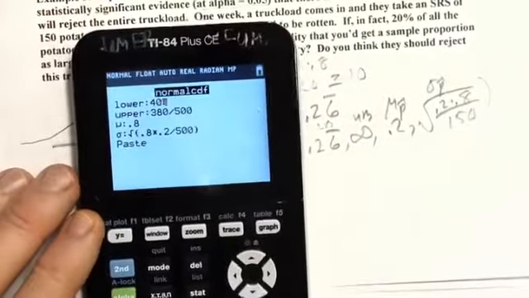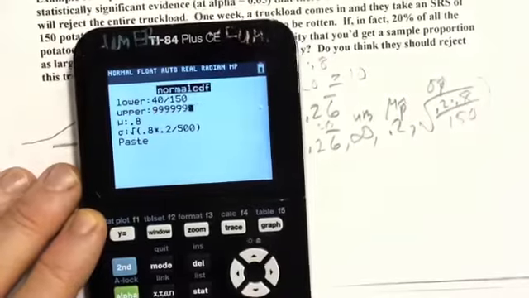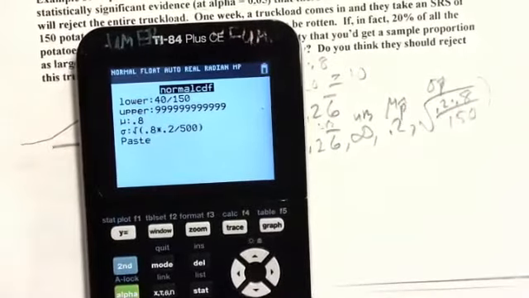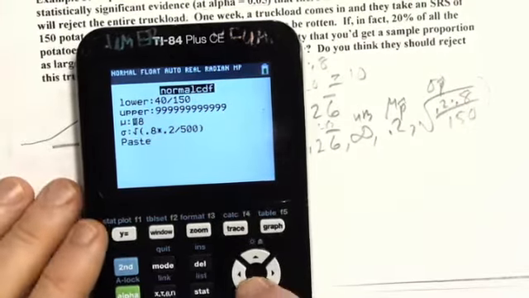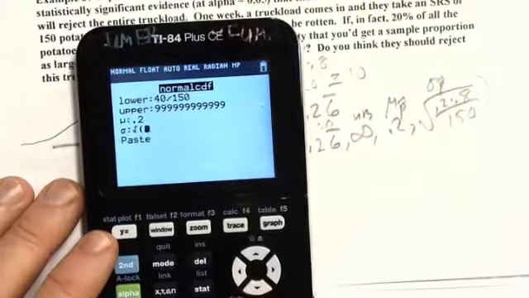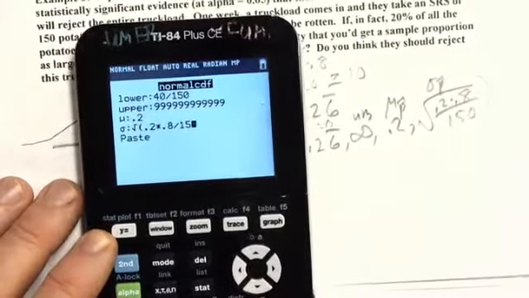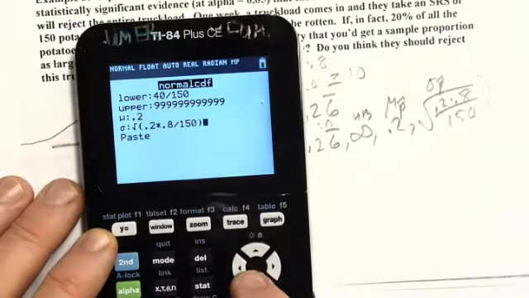So we'll do 40 divided by 150, which is 0.26 repeating, to infinity. Just put something like 9 billion. You could technically put 1 there because a proportion can't be bigger than 1. Then the mean is 0.2, and the standard deviation is the square root of 0.2 times 0.8 divided by 150. That's how you do that.